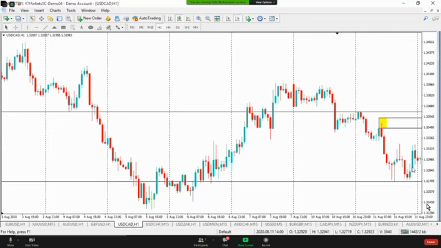Okay. So what zone is close to the current market price and close to the highs? This is the high of this day and this is the low of this day. So you're looking for a zone that is close to the highs and close to the current market price. Which zone are you seeing? There is this zone, it's a rally base and a drop.